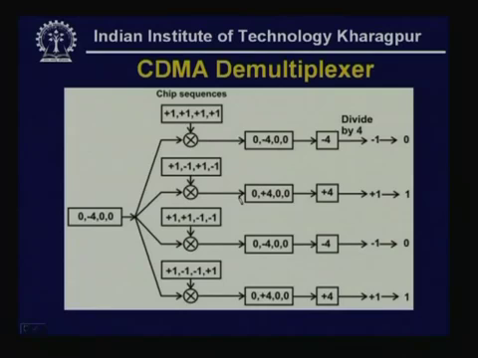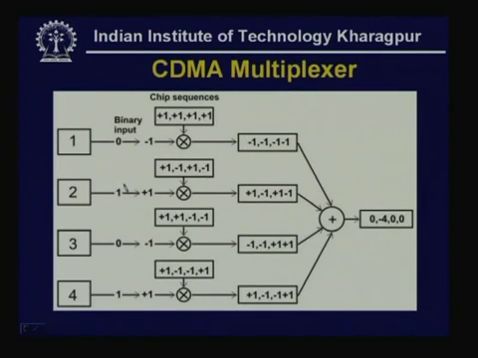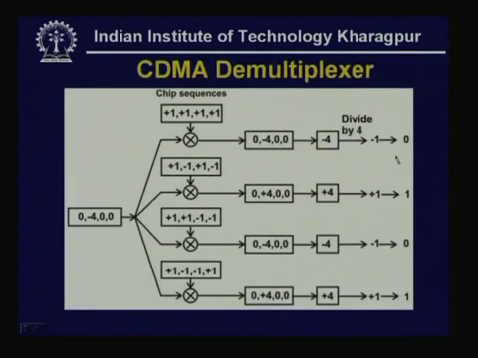That means if some station is not sending data, say B is not sending, this is dash. So in that case it will be 0 0 0 0, even then it will work. If you do the summation, you will still be able to detect at the receiving end by proper addition.